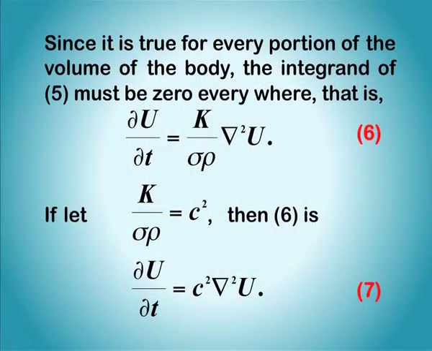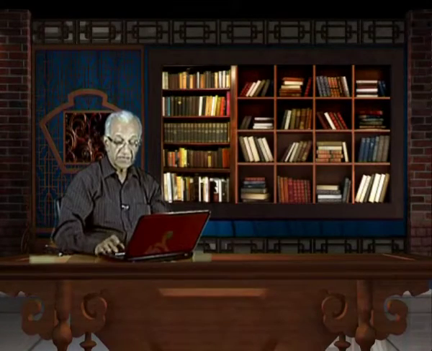We substitute for all the constants: K is a constant, sigma is a constant, rho is a constant, and so we summarize everything and write all these constants equal to c square, and this we take in equation 6. So it becomes partial du dt is equal to c square delta square u, that we have.